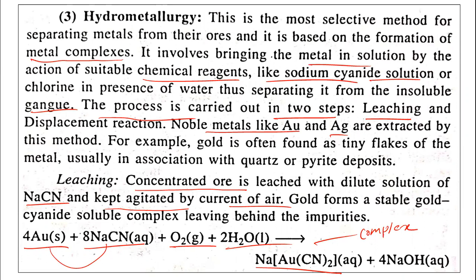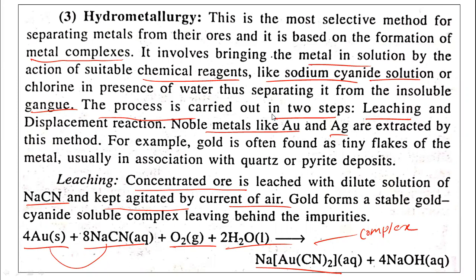So in hydrometallurgy, metal can be obtained in the solution form. There are two steps involved. The first one is the leaching process, and the second one is the displacement reaction. So in this way, there are three types of metallurgy.